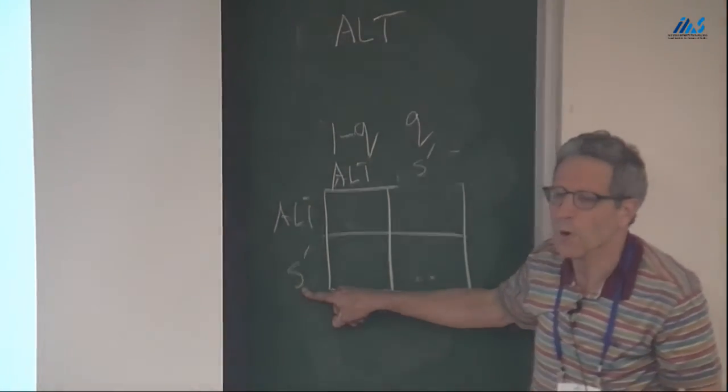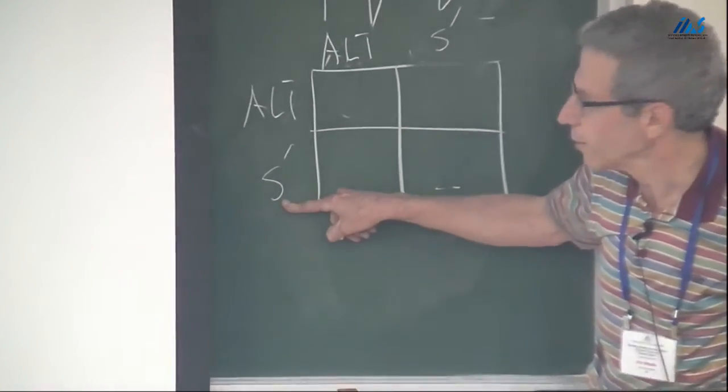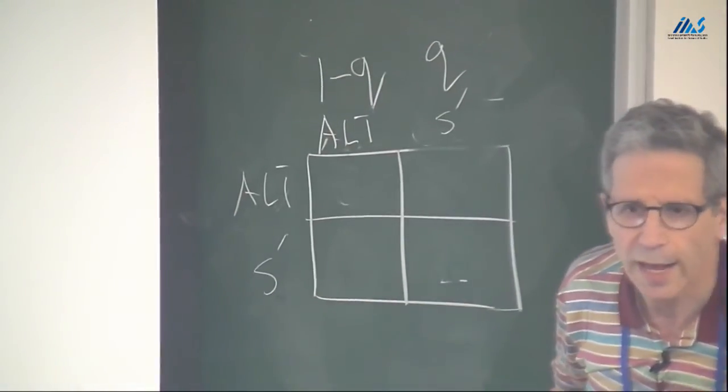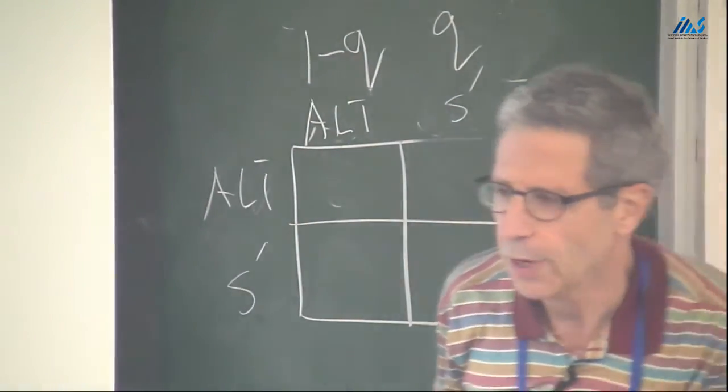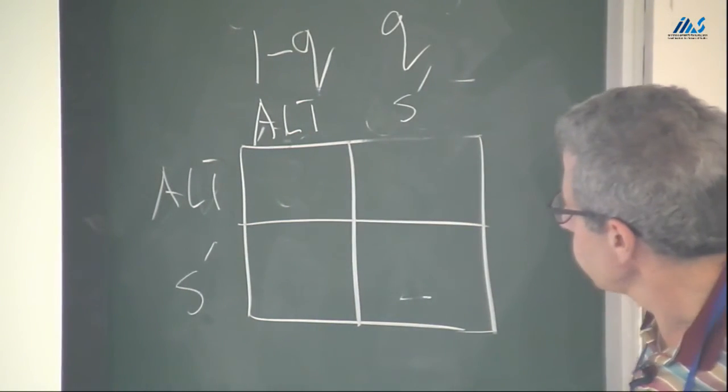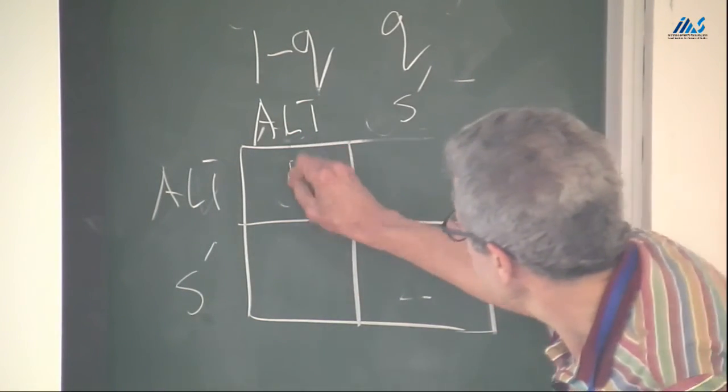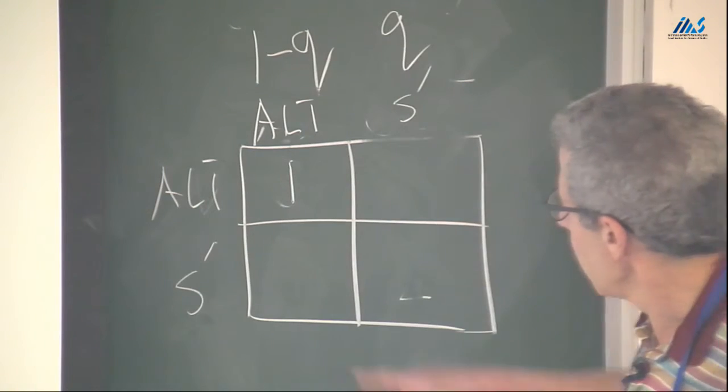What would S prime have to be in order to successfully invade a population of alts? Well, alt against itself gets 1.